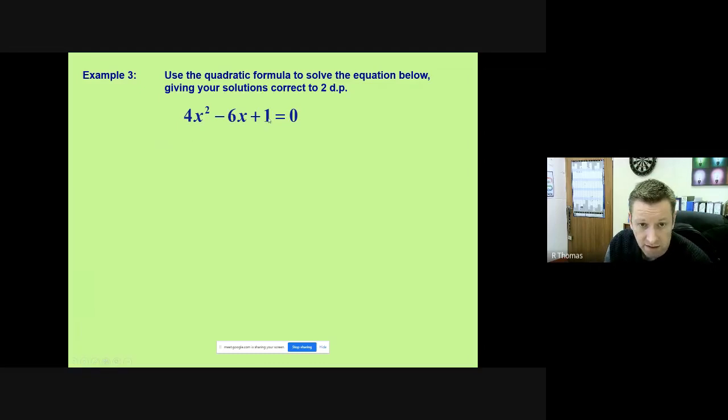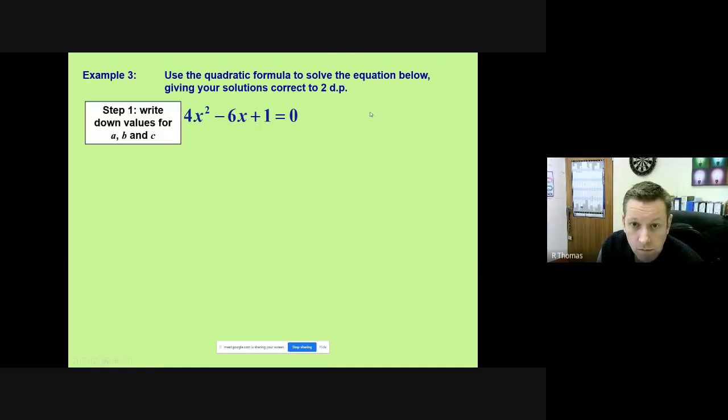There it is, 4x squared minus 6x plus 1 equals 0. So first of all, write down your values of A, B, and C. I'm sure you've already done. Get that written down for 1 mark.